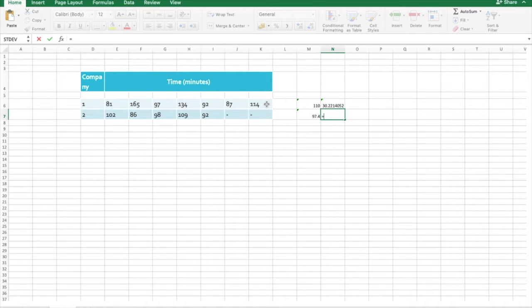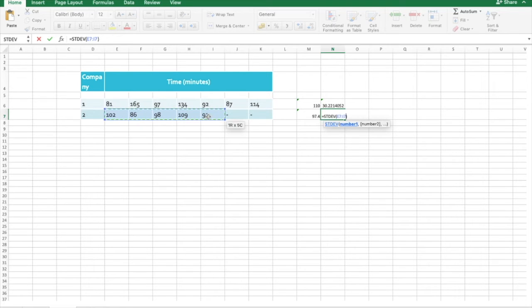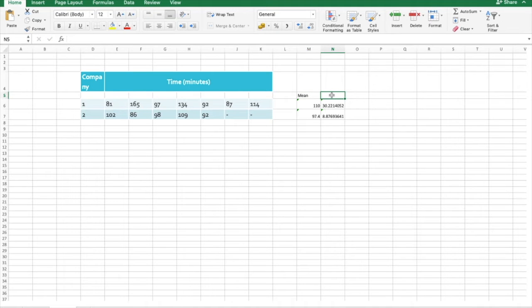Same case here, the standard deviation of these five values. This is the mean, this is the deviation. We can write this down. The size will be 7 for this one.